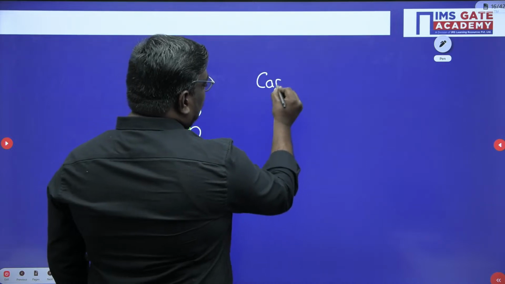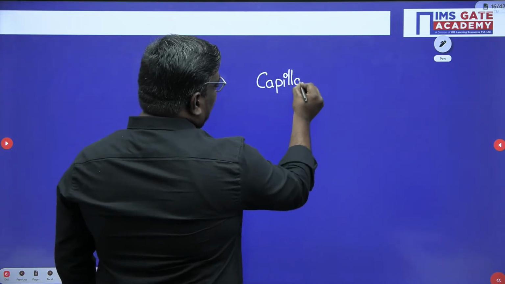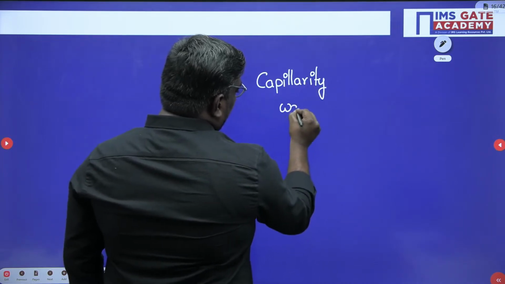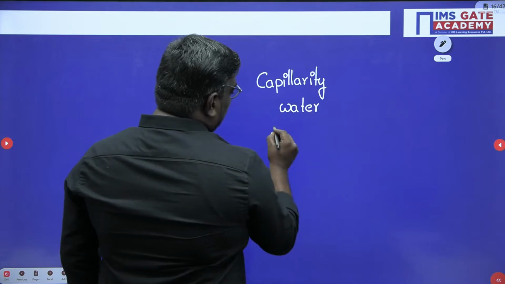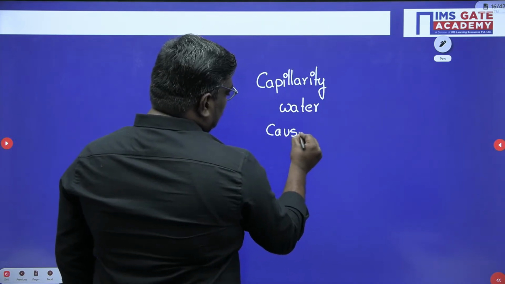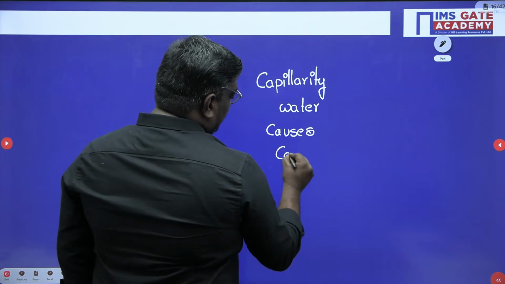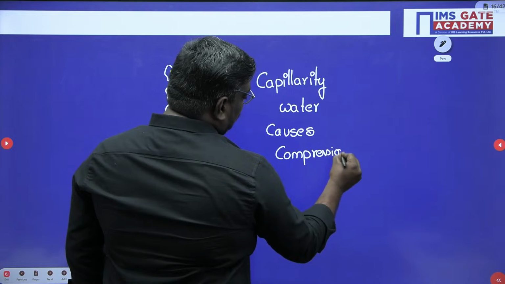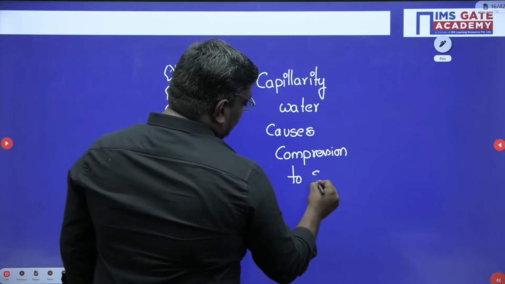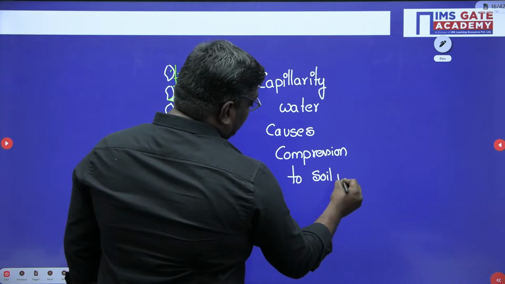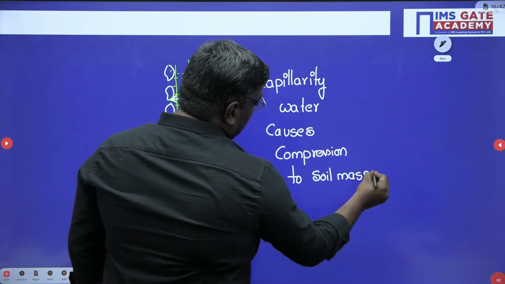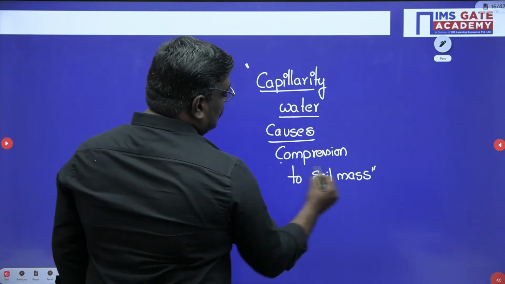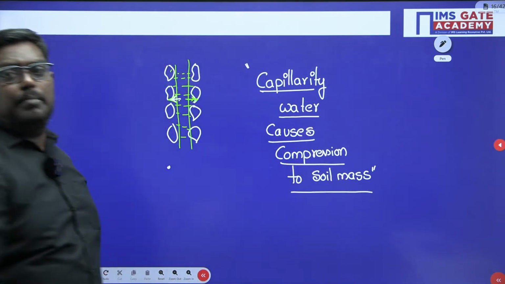Capillary water causes compression to soil mass.